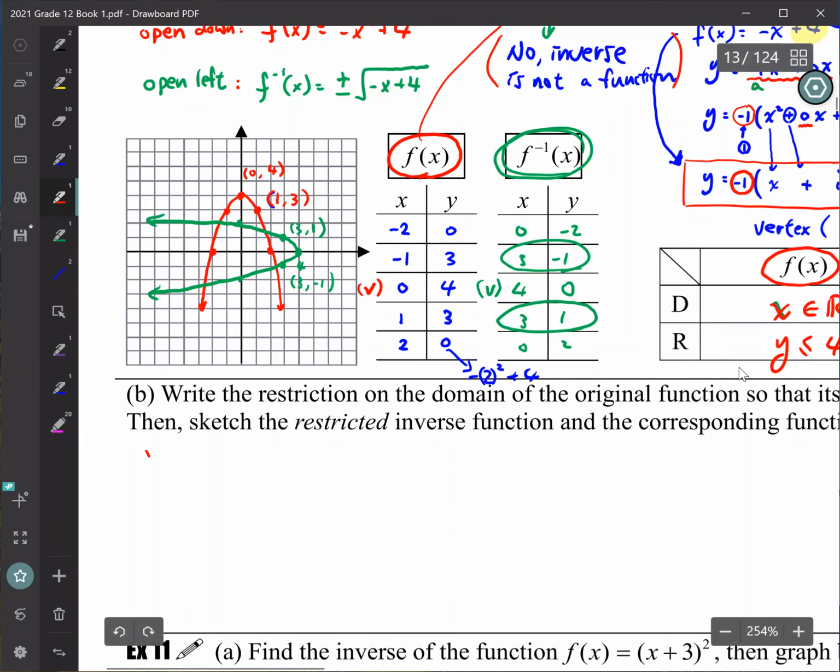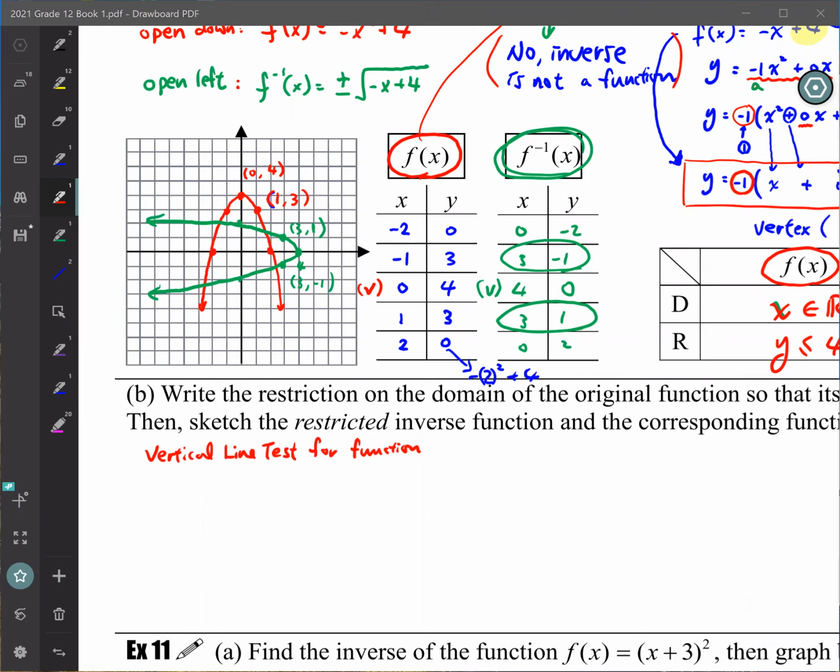Okay, so vertical line test for function. Does anyone remember how that works? Chris, do you remember? No, I don't.